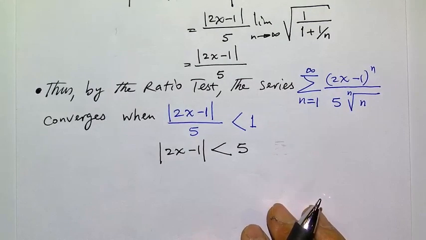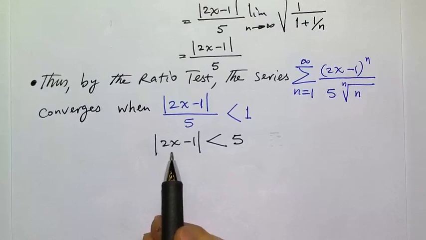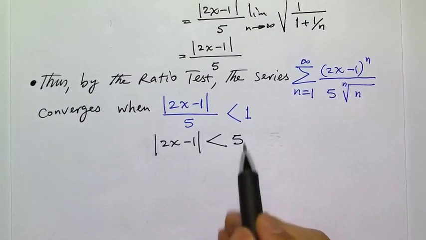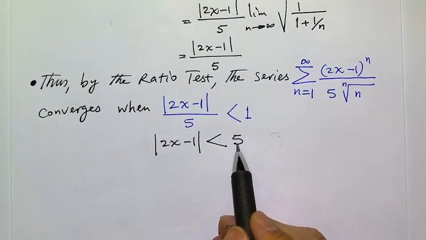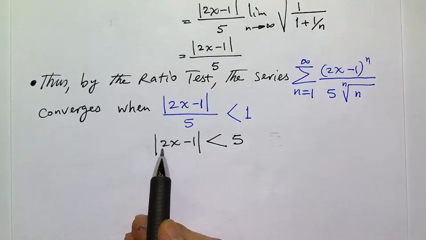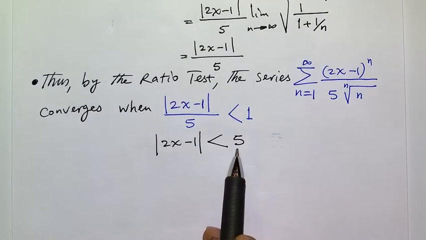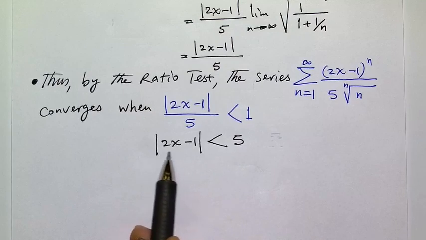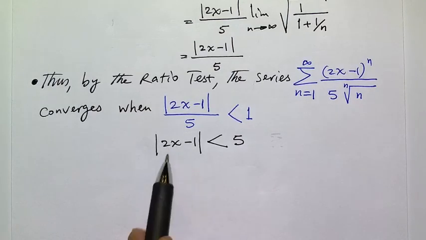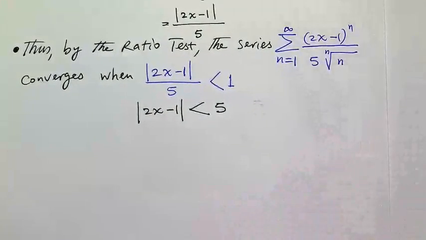So this is what I was saying in the previous example. For this to conclude that 5 is a radius of convergence, the coefficient of x must be positive 1. But it's not in this case. So we cannot conclude that this 5 is the radius of convergence. We have to factor out the inside of the absolute value and make that coefficient equal to 1. So factoring, let me write that.